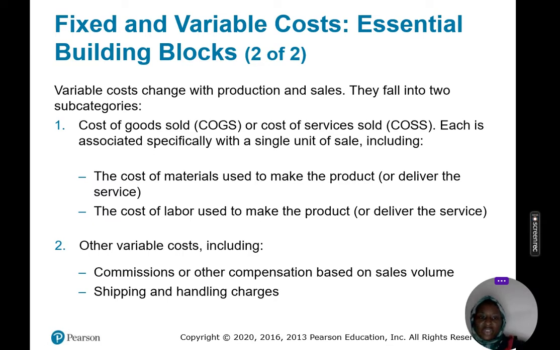Each of these is associated specifically with a single unit of sale, which includes the cost of materials used to make the product or deliver the service, or the cost of labor used to make the product or deliver the service. Then we also have other variable costs, which include commissions or compensation based on sales volume, shipping and handling charges.